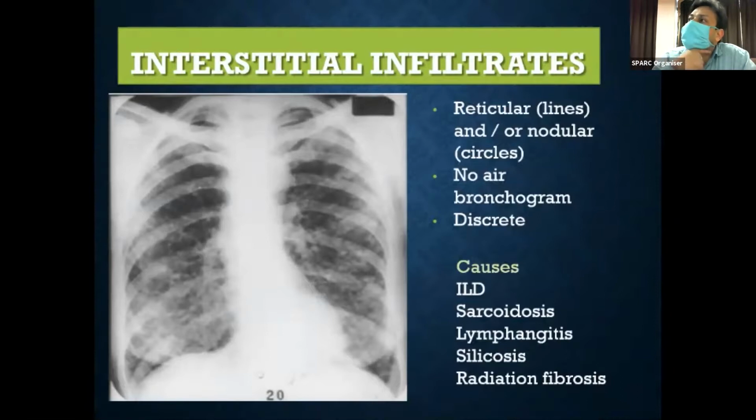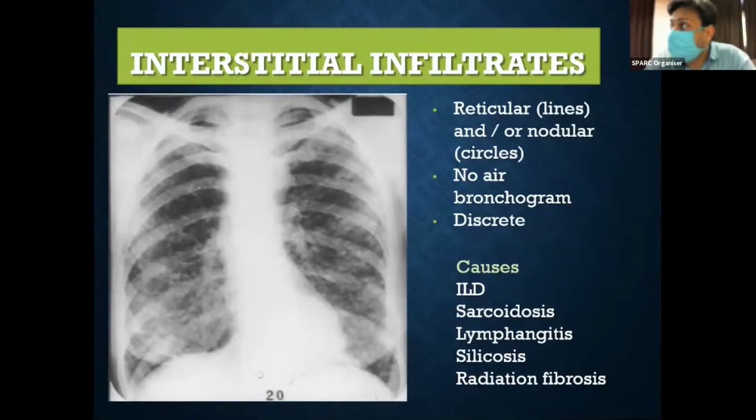They are formed by the thickening of the interlobular septa and the interstitium, and they produce a lot of crisscrossed lines, mostly seen in interstitial lung disease. And sometimes we can also have nodules superimposed over these reticular opacities, and then we call it reticulonodular opacity.